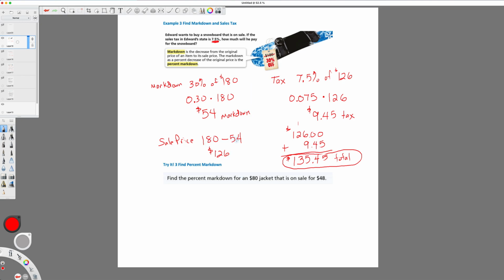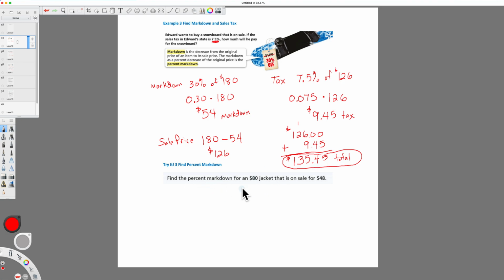So if we take the $54 away, $126 item, but you still have to pay tax on that. So then we went up here and calculated the tax is a percent of this sale price. And I did that calculation and got $9.45 tax. And then I added that tax on to what he got for the sale price. And so he's going to pay $135.45 total. So there we go.